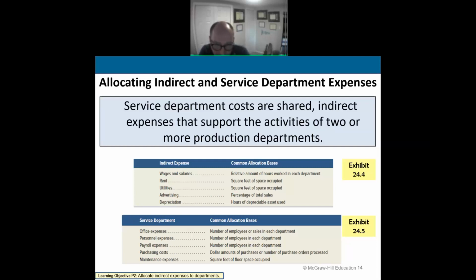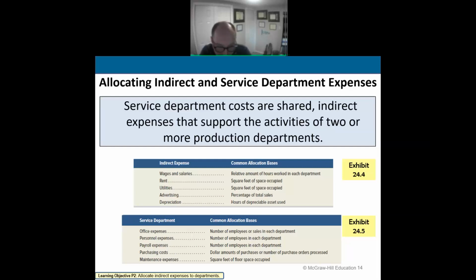For wages and salaries, it's based off of the hours worked in each department. For rent, it's the space occupied. For utilities, it's the space occupied. For advertising, it's percentage of sales. For depreciation, it's the assets used. For the service departments, it's the number of employees in the departments.